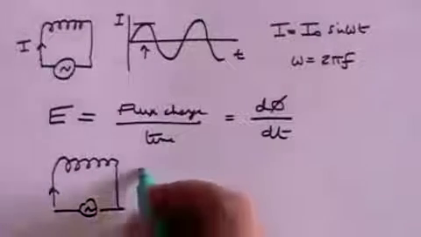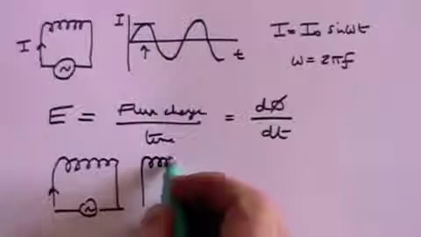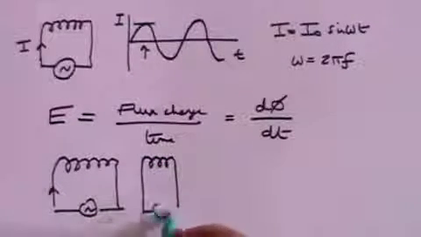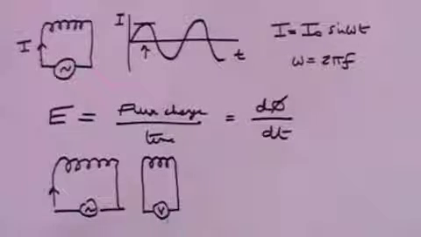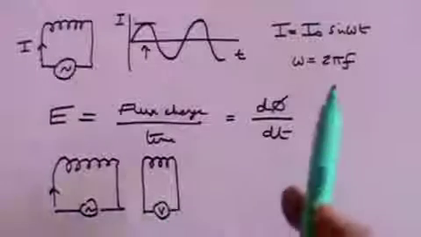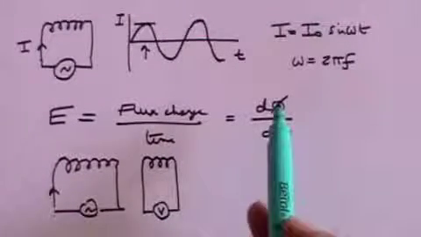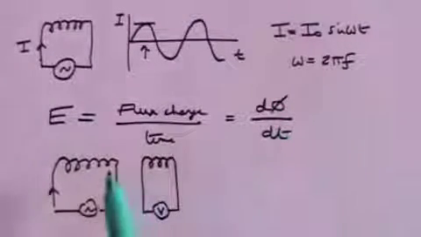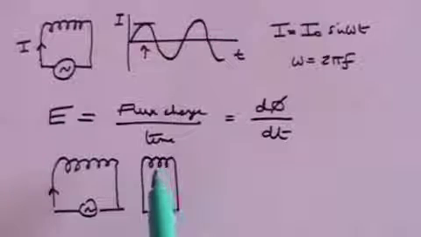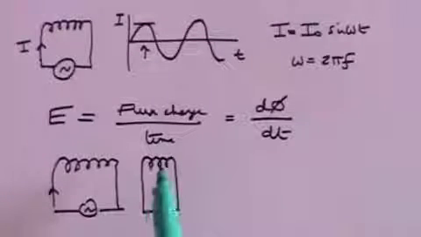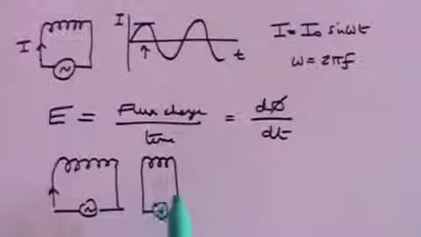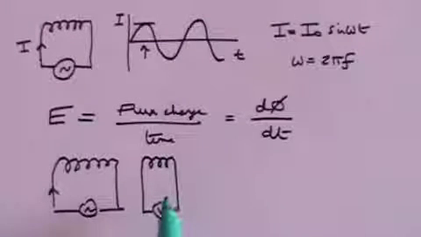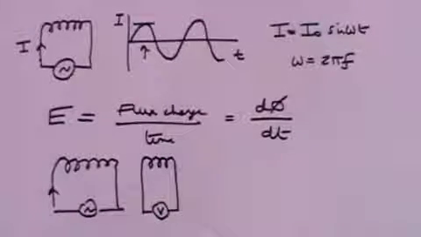And that means that if you bring another coil, and this time we'll just put a voltmeter here, so there's no power supply in this at all, we're simply registering what happens, then Faraday's law says that where you have a changing magnetic field, you can have an induced EMF and thus an induced current in this circuit.